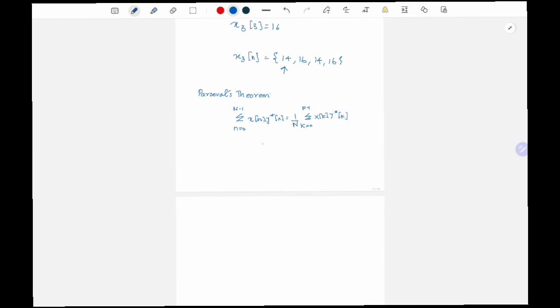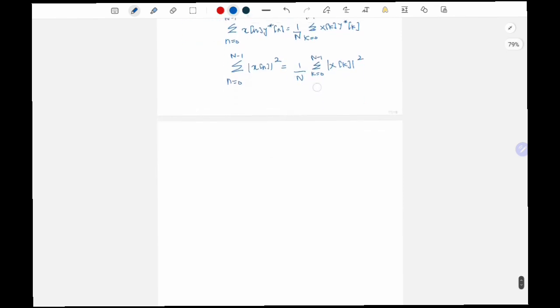And the more general one will be where your y of n is equal to x of n. So you will have summation of modulus x of n square is equal to 1 by n summation k equal to 0 to n minus 1, modulus X of k square. I am not deriving this because we have already derived Parseval's theorem for each of the continuous time and discrete time, and this should be straightforward to derive.